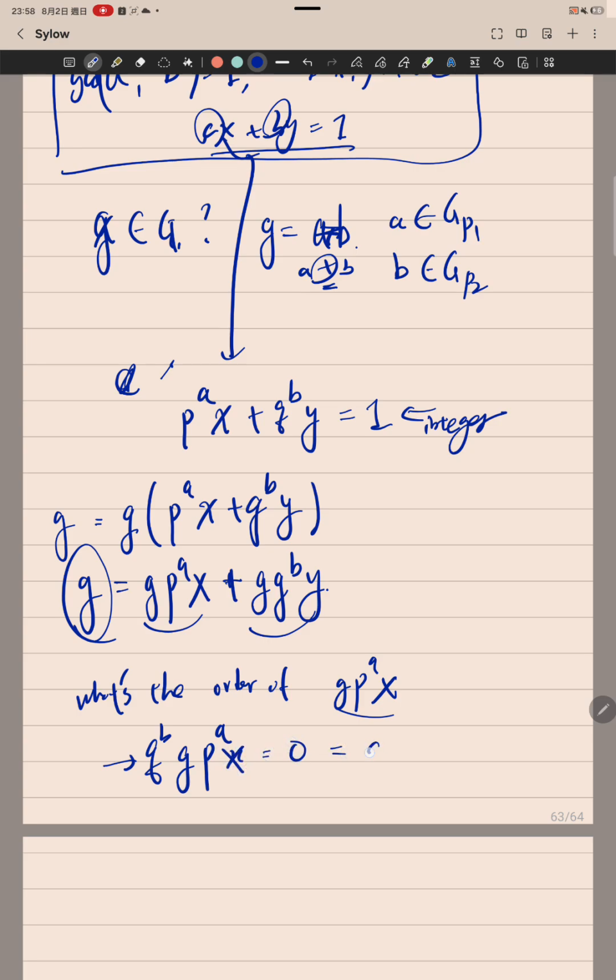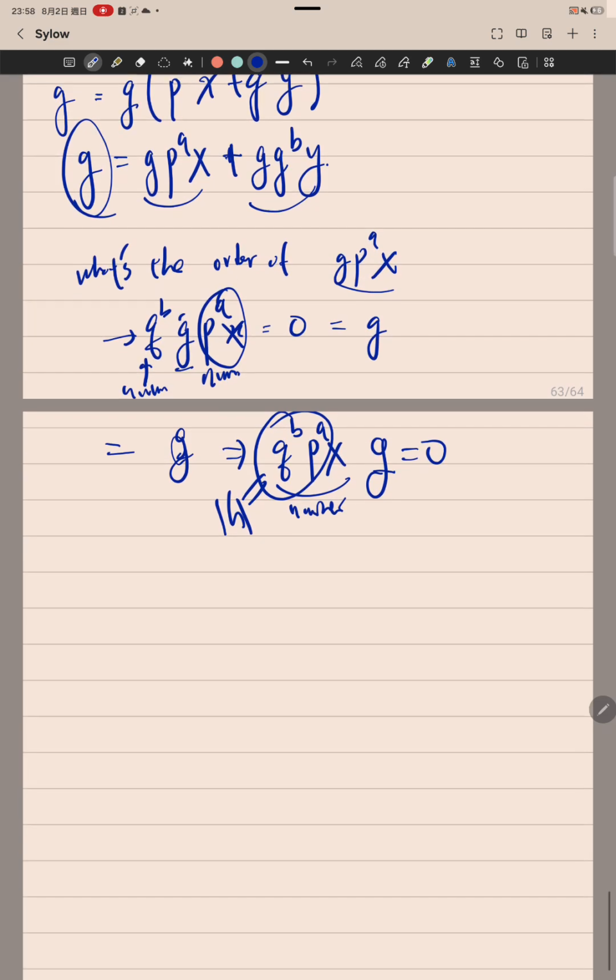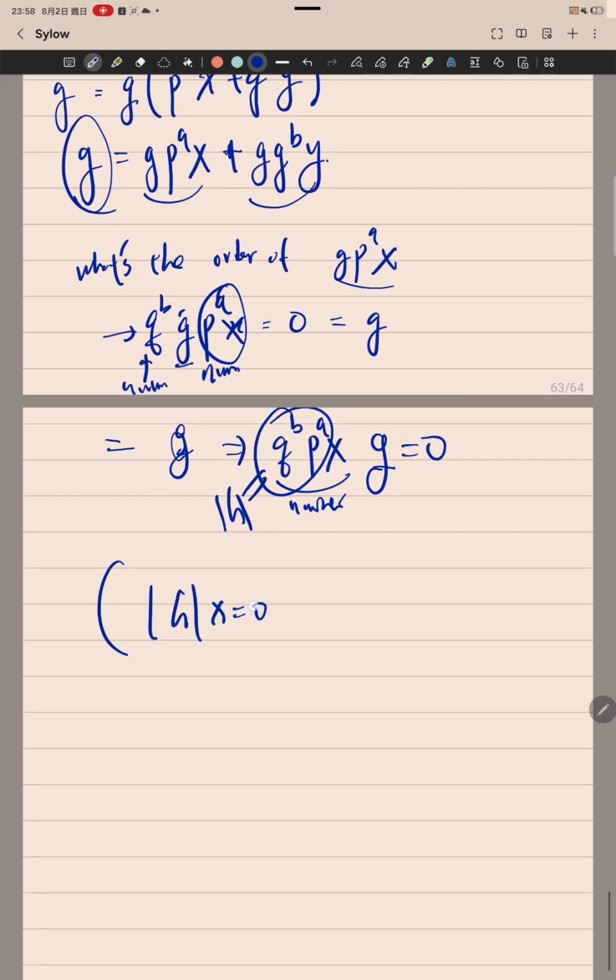By the way, these are numbers, and these are group elements. So I get Q to the B, P to the A, x, which are numbers, times g, which is 0, because this is already the order of the group. So simply speaking, |G| times g equals 0, because this is g added up |G| times.